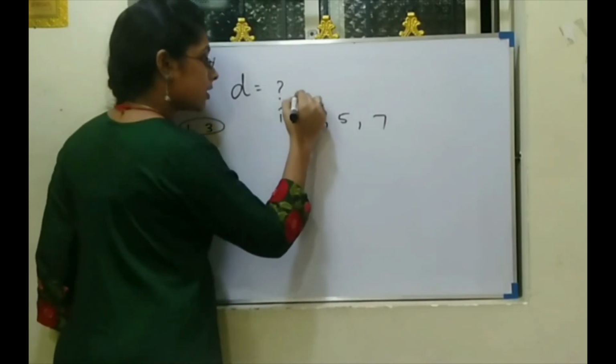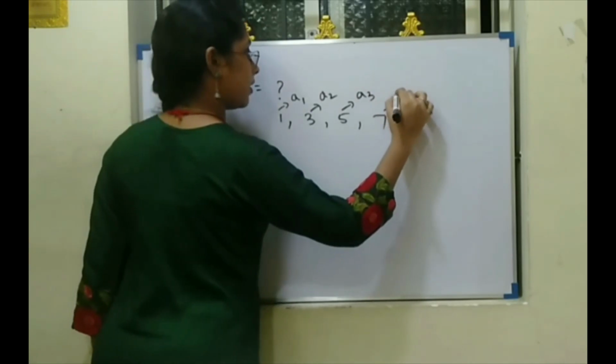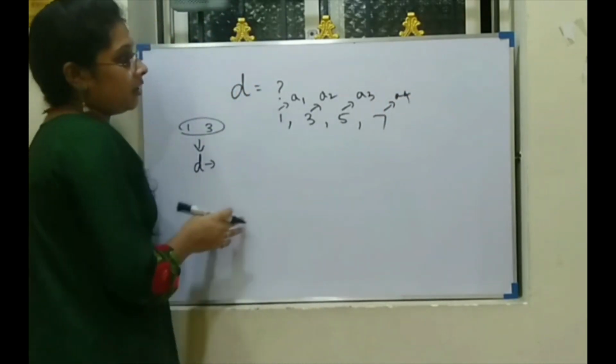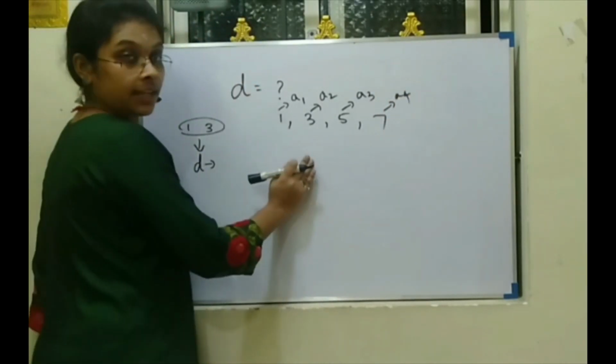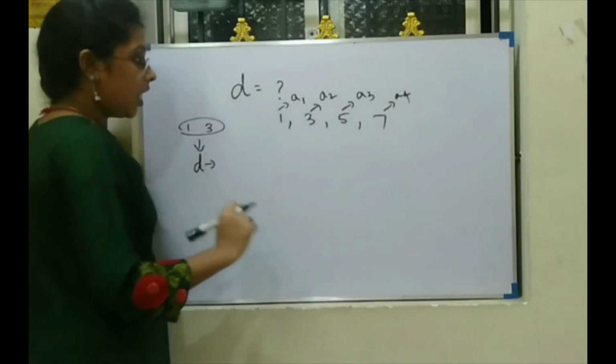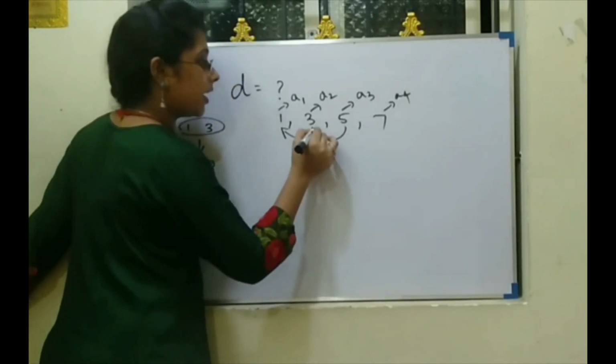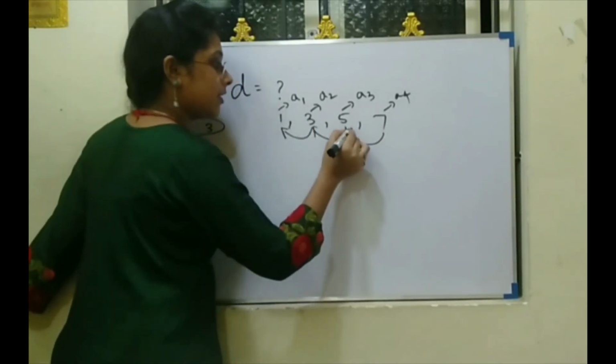This is your first term A1, this is A2, this is A3 and this is A4. To check whether this is an AP, we have to prove that the common differences are the same. That is, A2 minus A1 must be equal to A3 minus A2 or A4 minus A3.